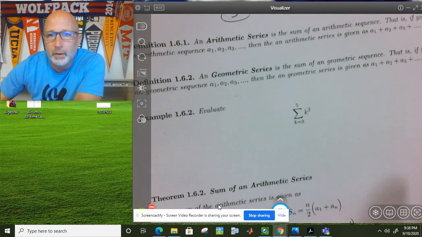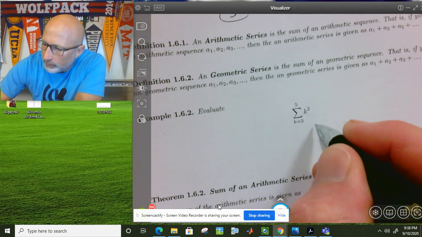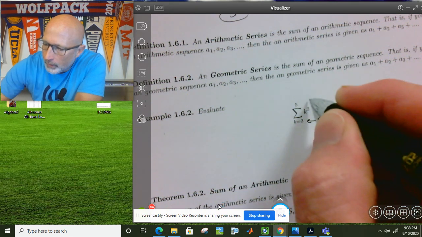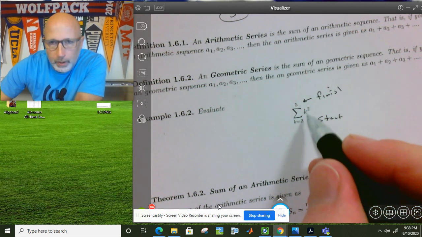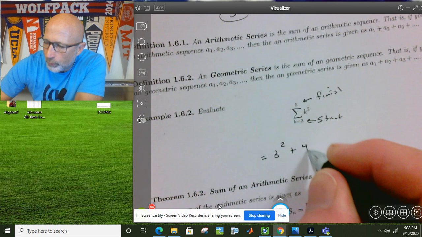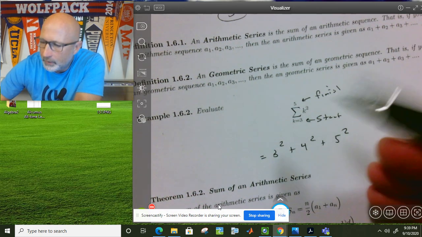Let's do another one and evaluate this. Once again, this is where we start, and this is where we finish. So you plug in 3, and you're going to have 3 squared plus 4 squared plus 5 squared, and then I'm done because I finished with 5.